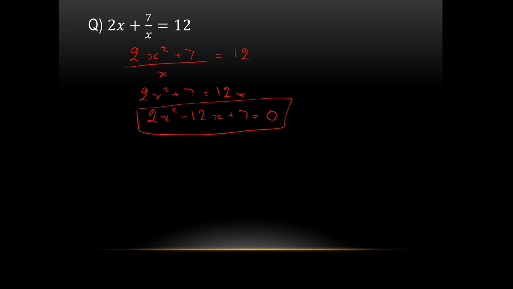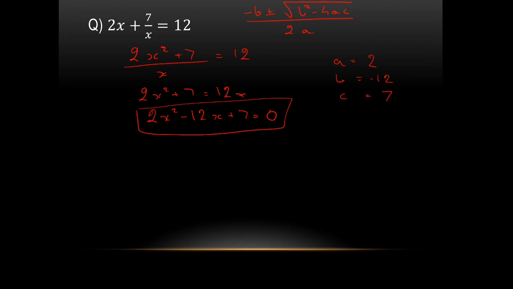So let's take the values of a, b and c. First let's write the quadratic formula: minus b plus or minus square root of b squared minus 4ac, whole by 2a. So a is equal to 2, b is equal to minus 12, c is equal to 7.